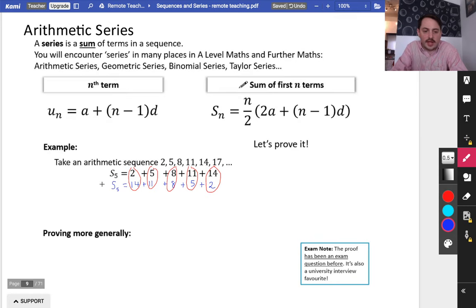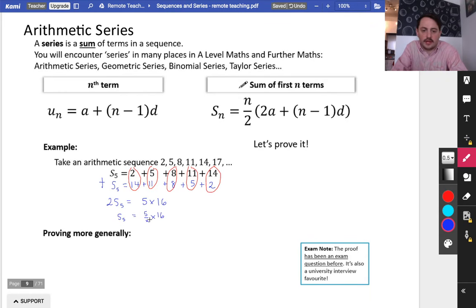So if I was going to add these two things together, I would have 2 times the sum up to 5 is equal to 1, 2, 3, 4, 5 lots of 16. So the sum up to 5 is going to be 5 over 2 multiplied by 16.